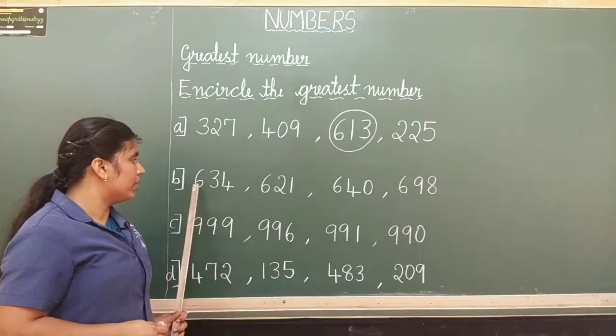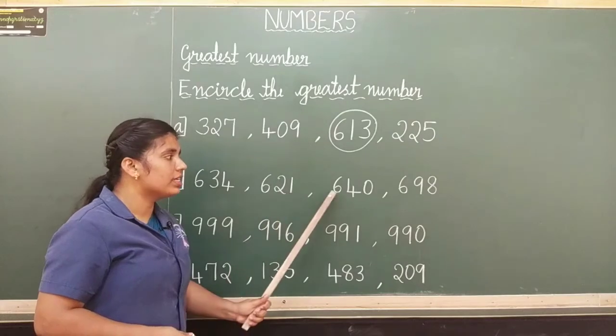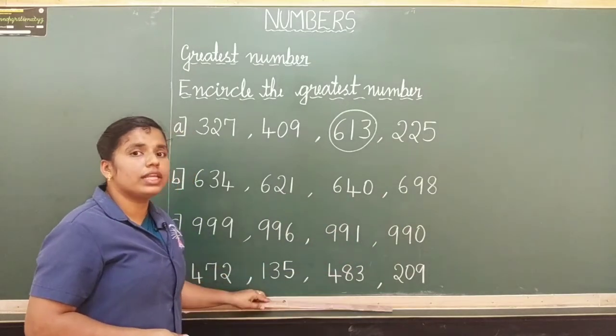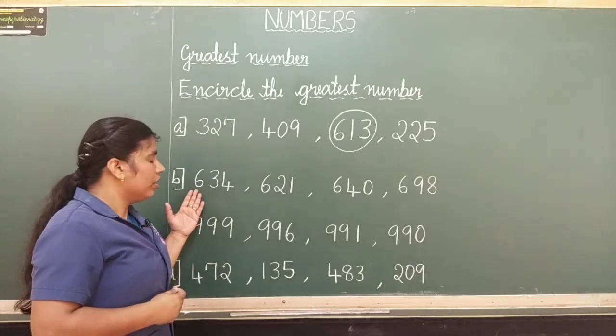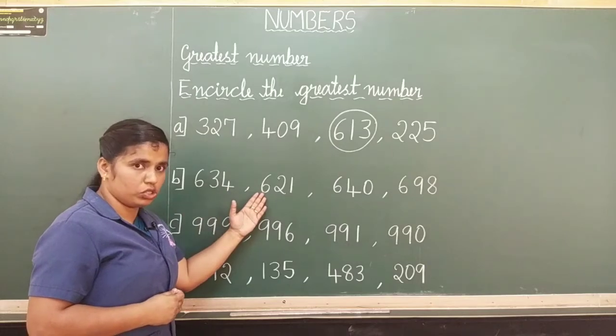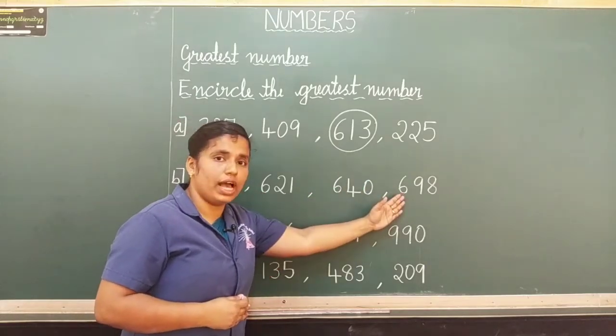Here we have the numbers 634, 621, 640, 698. All these numbers are 3-digit numbers. If we see the hundreds place, here we have 6, here also we have 6, here we have 6 and here also we have 6.